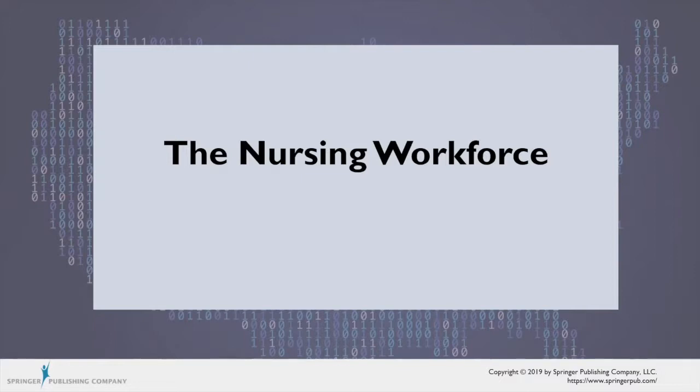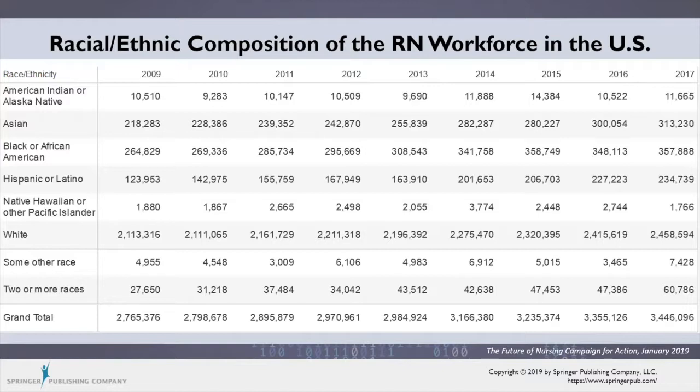And if we go to the next slide, if we look at the demographic composition of the United States workforce over 8 years from 2009 to 2017, we see that diversity in nursing is increasing. However, there is a qualifier.